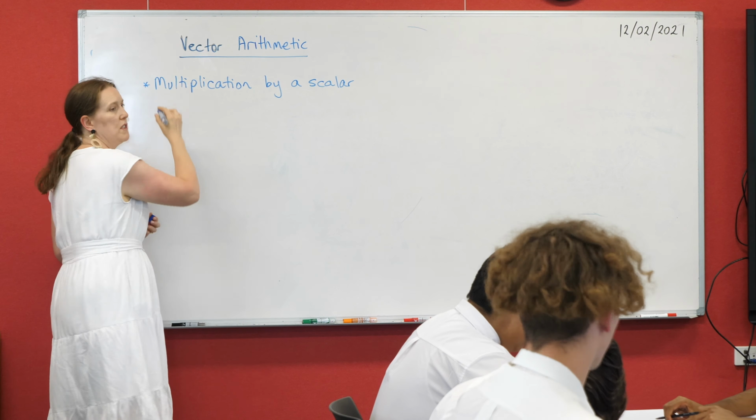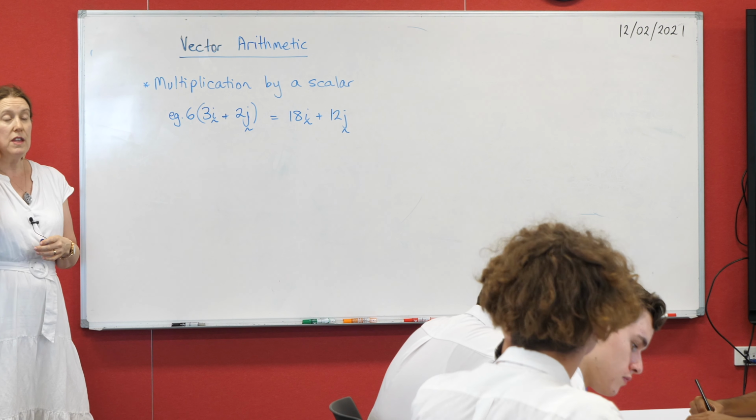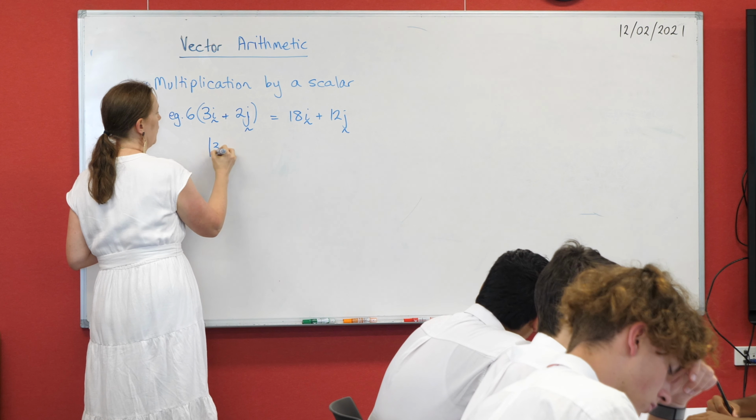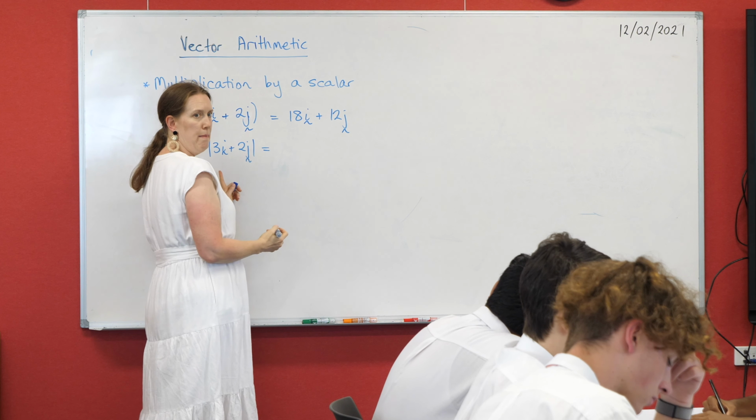The scalar quantity in itself has no direction because it's scalar, so it is just changing the magnitude. So when we work this through, we use that distributive law that we have had since we started expanding brackets. If we were to do the magnitude of 3i plus 2j, how did we work out magnitude?